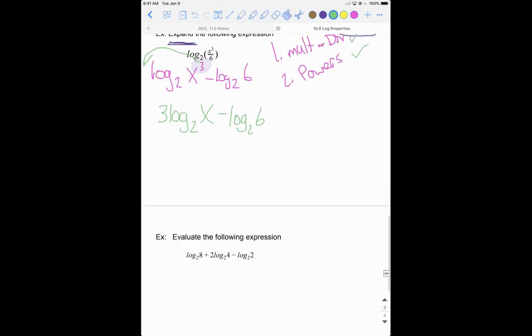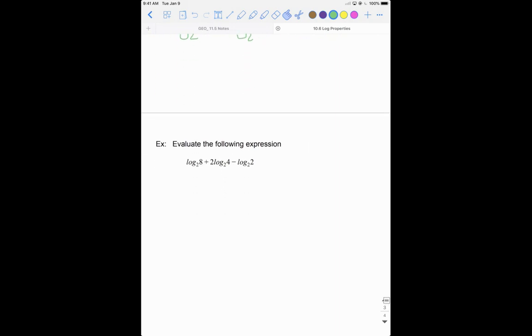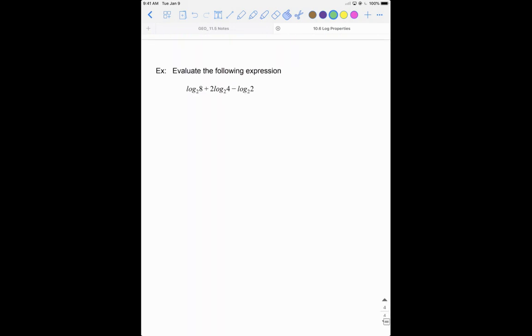We're going to look at when we can evaluate. Notice this last one has no x's, which means we'll be able to get a value out. Notice it says evaluate. The last two said either expand or condense, but evaluate means we should get a value. That's what evaluate means, it's in the word. So we want to be able to get a number at the end. A couple different ways you can go about doing it.